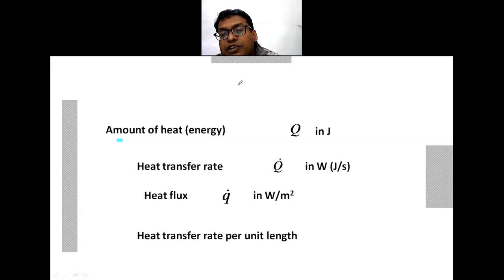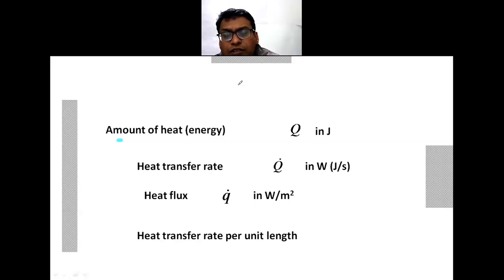Which area the heat is transferring from, that area has to be taken into account. So heat transfer rate per unit area is nothing but the heat flux. And sometimes we also use the heat transfer rate per unit length, that is, per meter of a particular length. That is watts per meter.